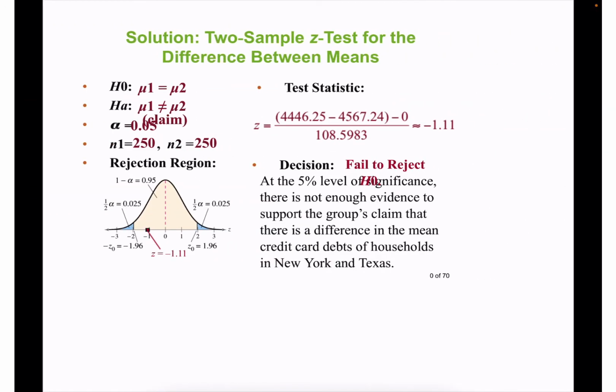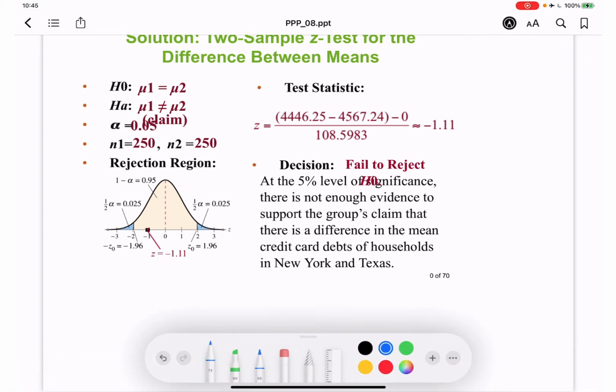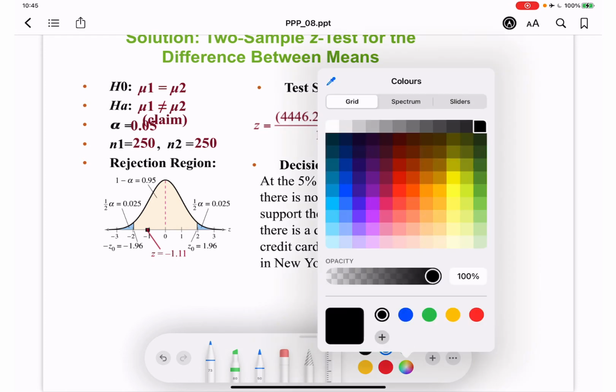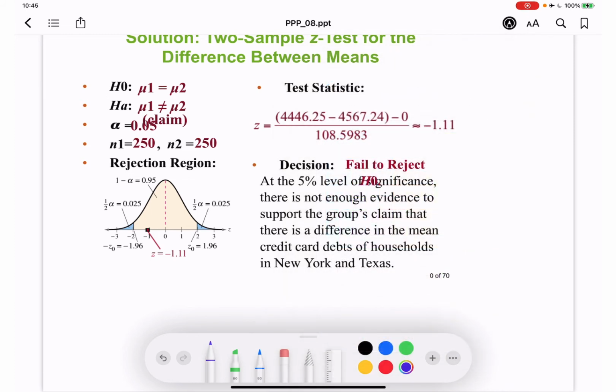Therefore, our alternative is our claim, and the null hypothesis accordingly is mu1 equals mu2.